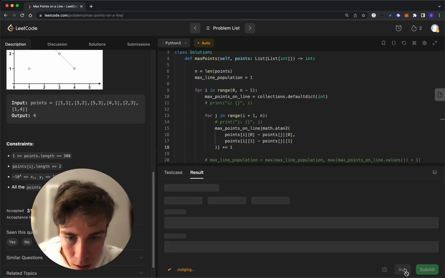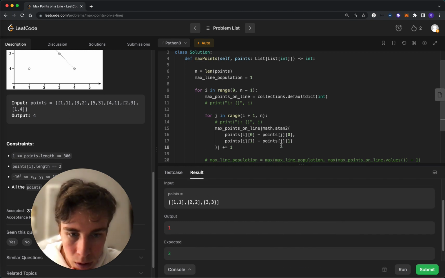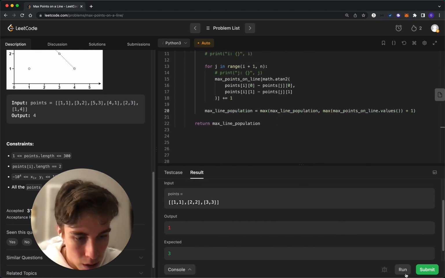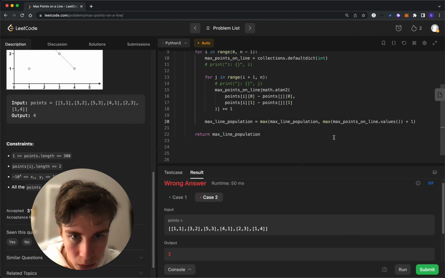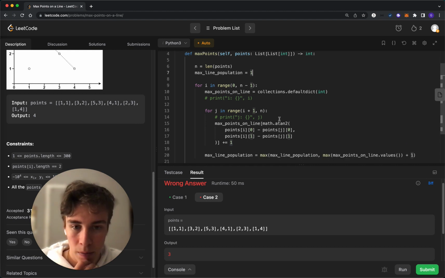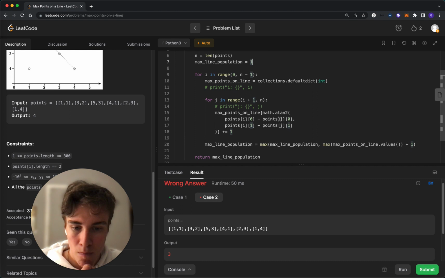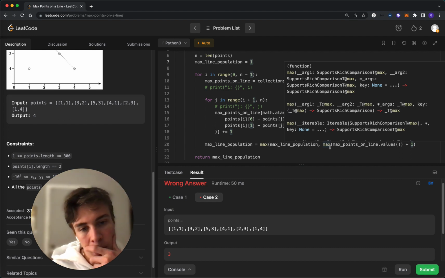Expected output still 3 because I'm not resetting. I'm not comparing it. And expected is now 4. Great. So now I'm overshooting it. Why am I overshooting it?